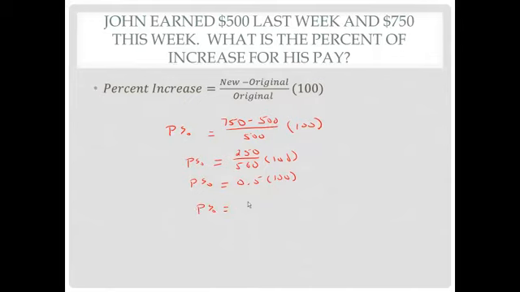And 0.5 times 100, to change it into a percent, would be 50%. So he had a 50% increase in pay. So again, it's always the big number minus the small number up here, because you would not want a negative up here. So it's always a big number minus a small number up top.